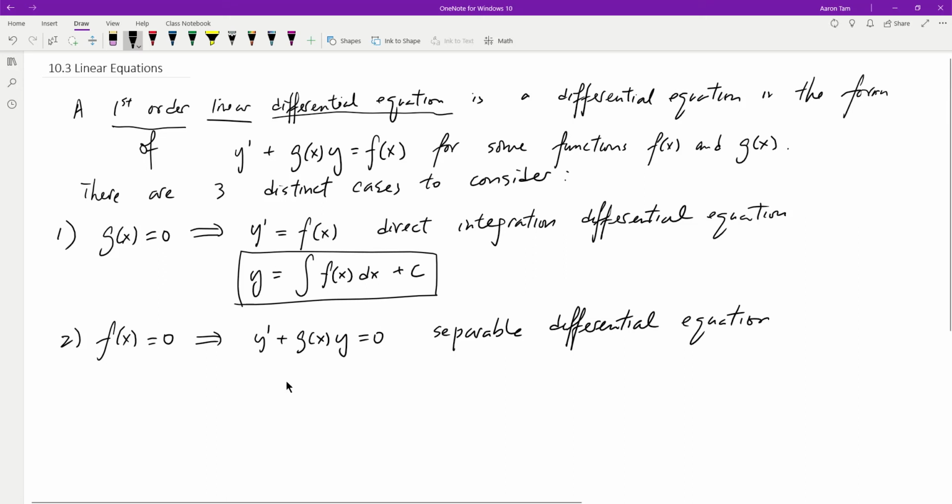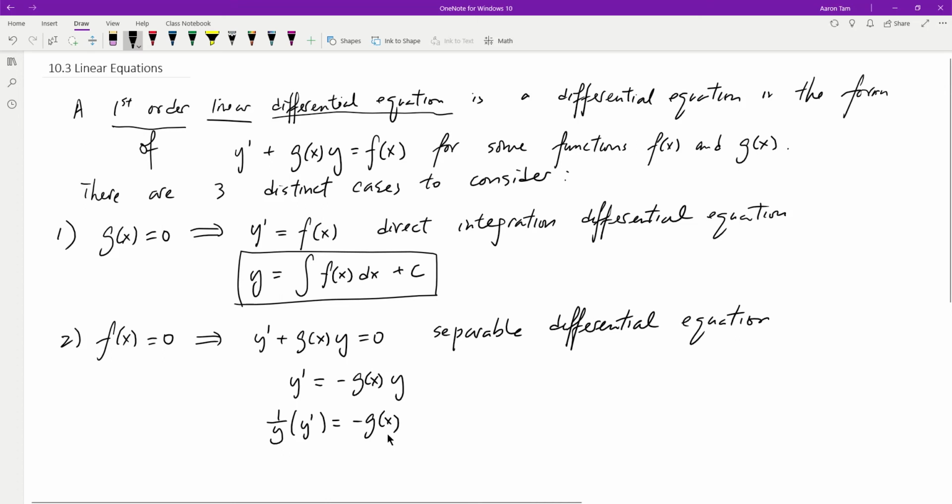Why? Because you move the g of x y to the other side, and then divide by y. And now it becomes separable.